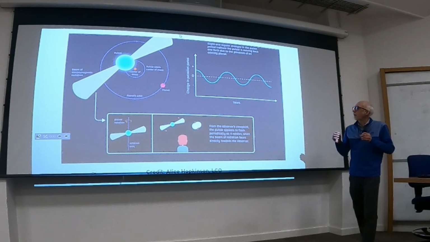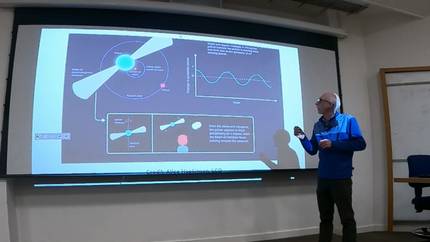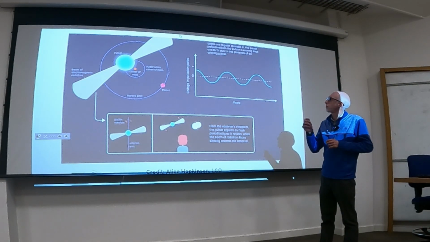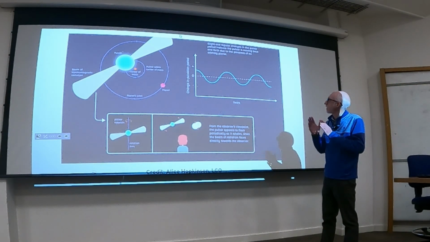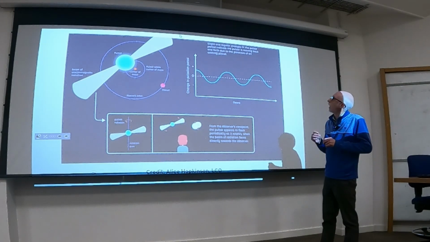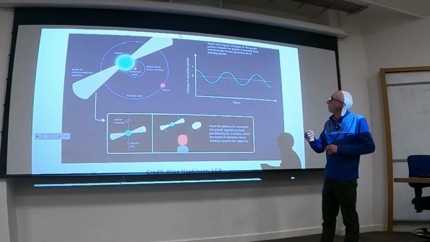Pulsars emit a very steady but quick burst of radiation from themselves to the observer, and these are very, very steady beams of radiation which you can observe.